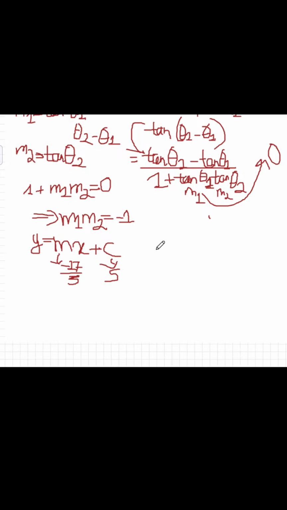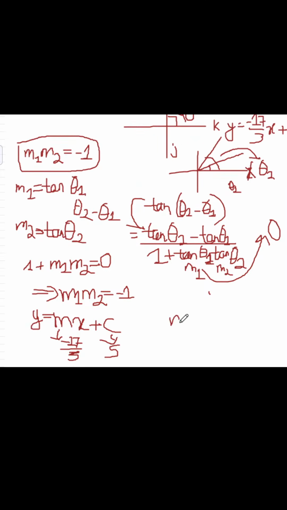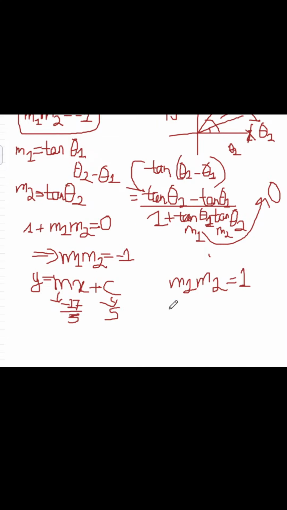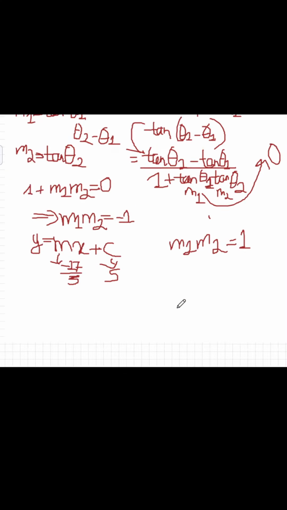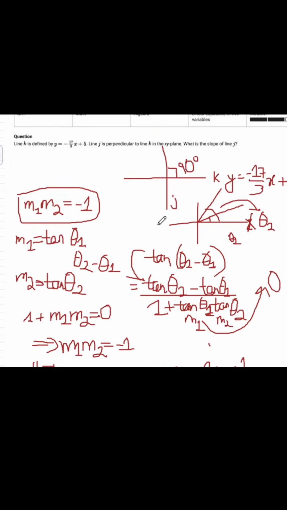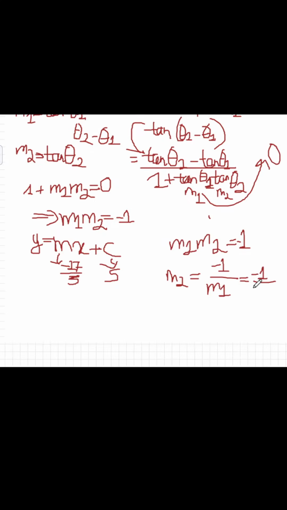So then we can write m1 m2 equal to minus 1. We know m1 is minus 17 by 3, that is the slope of line k. So m2 becomes minus 1 by m1. So this will be minus 1 divided by minus 17 by 3.